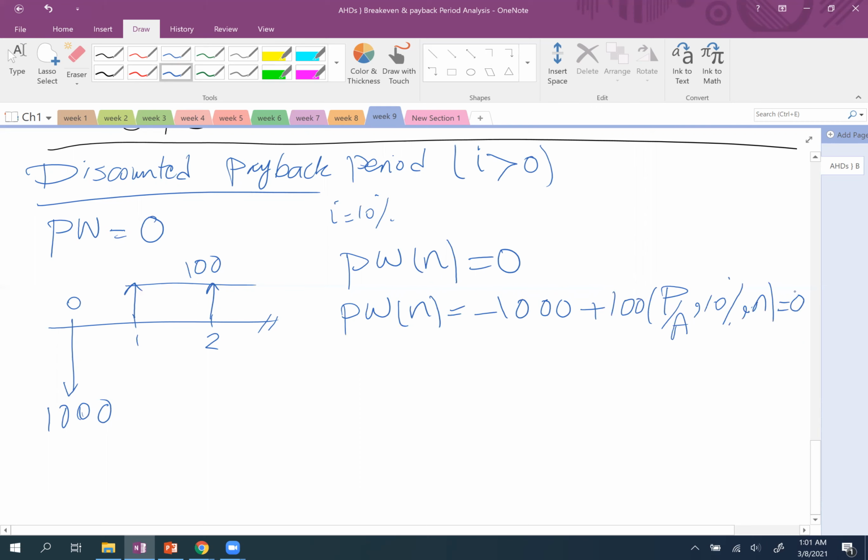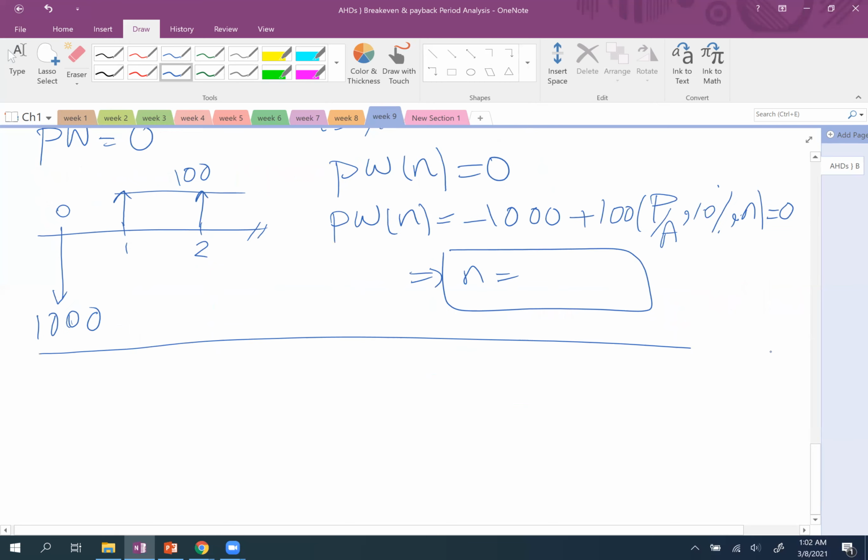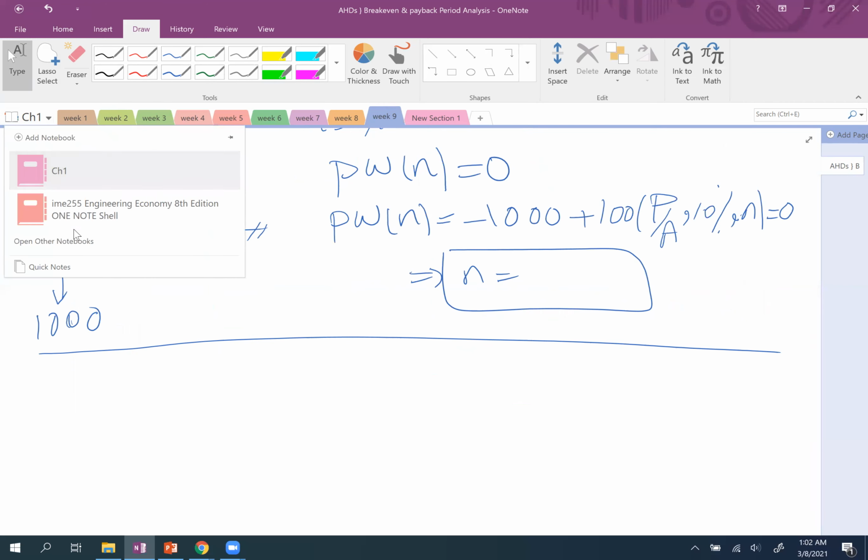Set it equal to 0. You can determine the value of n. That will be the concept of discounted payback period when you have your i greater than 0. With this introduction, we are ready to solve some examples.